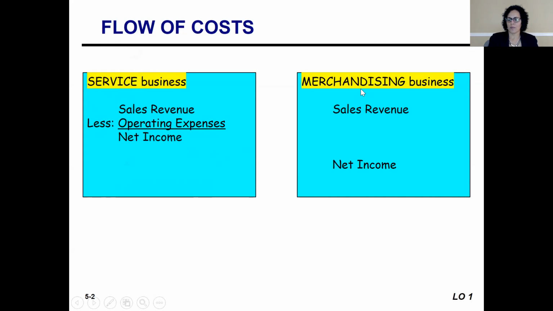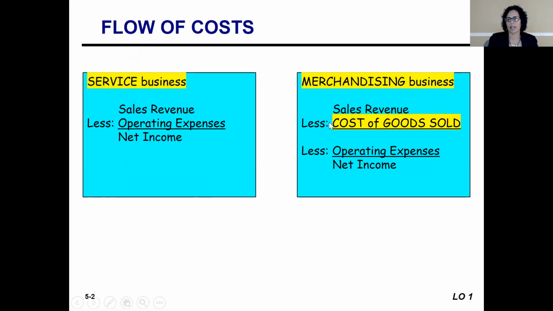For the merchandising business, they have the revenues, the last line is the net income, and they haven't gotten rid of operating expenses. They have the same operating expenses or very similar to what a service business has. They have an additional cost. That additional cost relates to the inventory. They buy inventory, they sell inventory.